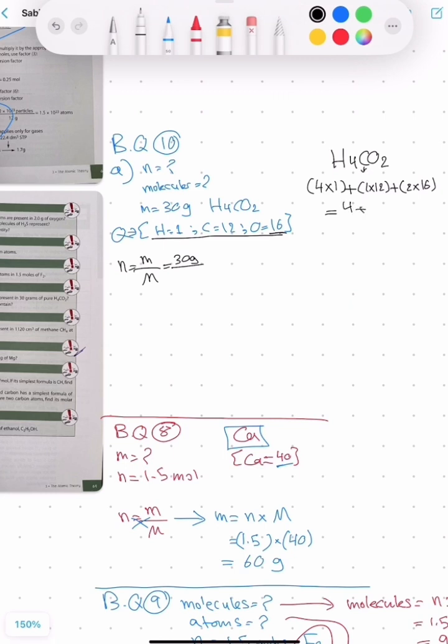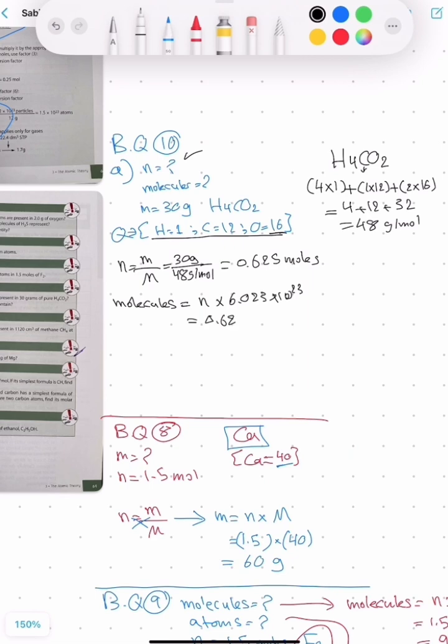So 4 plus 12 plus 32, which is 48 gram per mole. So 30 over 48 gram per mole, 0.625 moles. Moles are done. Molecules, again, number of moles times Avogadro number. So just multiply them, use the calculator.